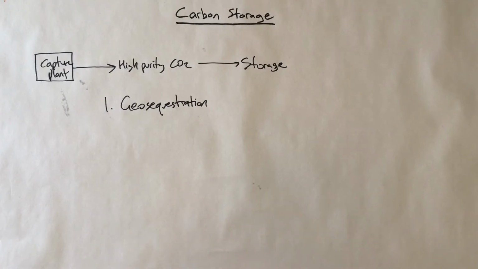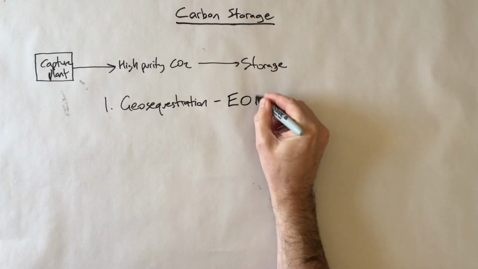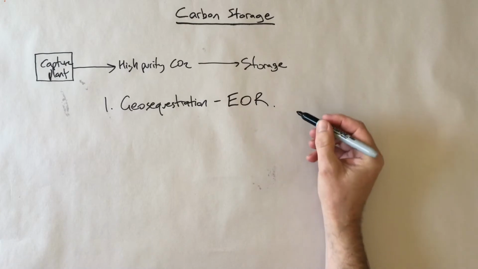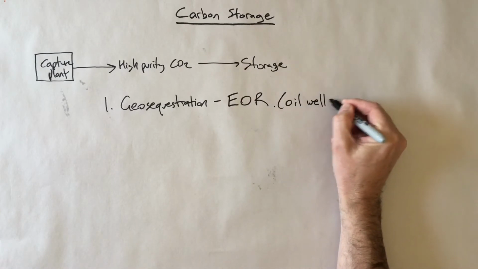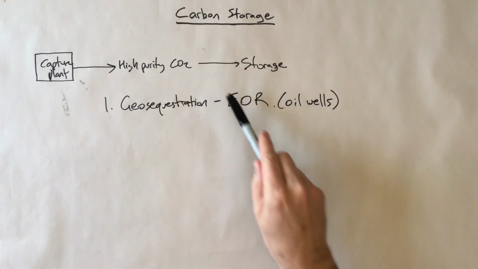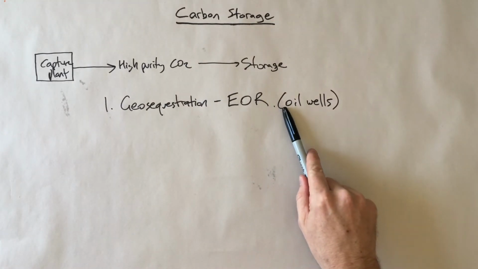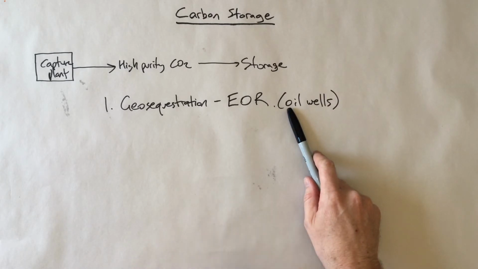The first one that has probably got the most history is something known as enhanced oil recovery, or EOR. That basically involves injecting it into oil wells. So this is the oil that we produce for refining into petrol and diesel and so on. If you inject CO2 into oil wells, what you can do is help push out remaining bits of oil that were in the ground that previously wouldn't come out on their own.